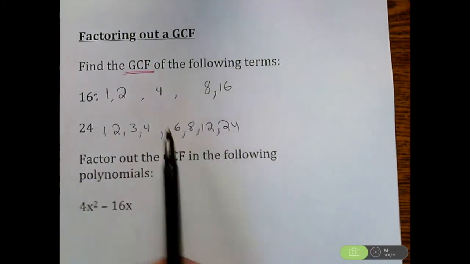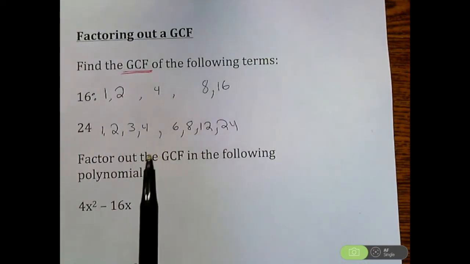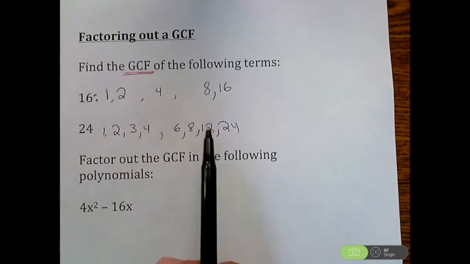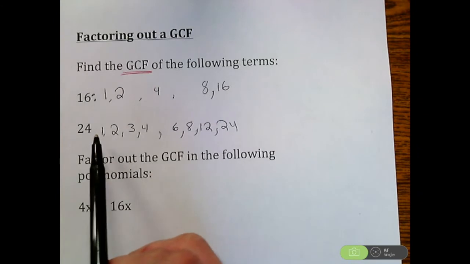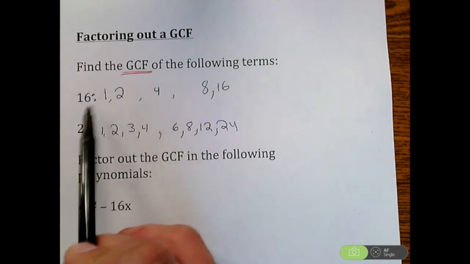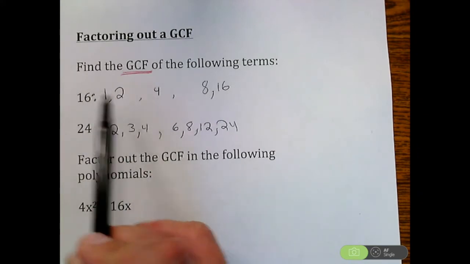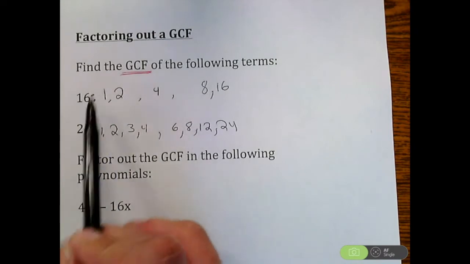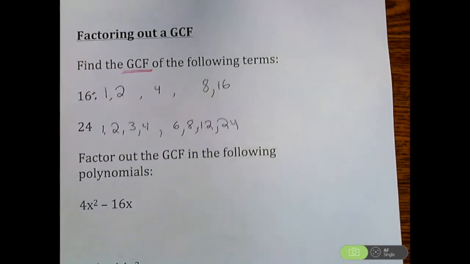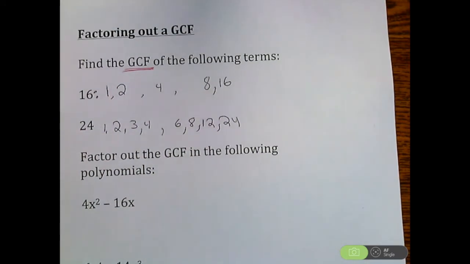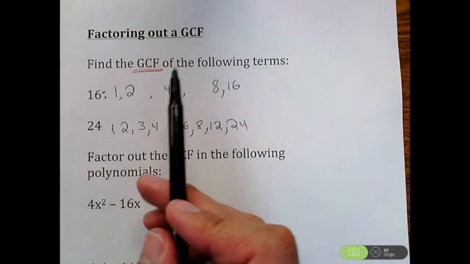So these are all factors here. Another way you can think about factors is think about all the numbers that you know that can divide into 24. Or all the numbers that you know can divide into 16. So I know I could take 16 divided by 1, 16 divided by 2, 16 divided by 4, 16 divided by 8, 16 divided by 16. All these numbers I know if I took 24 and divided by them, I would get a whole number there. So that's the factor part.